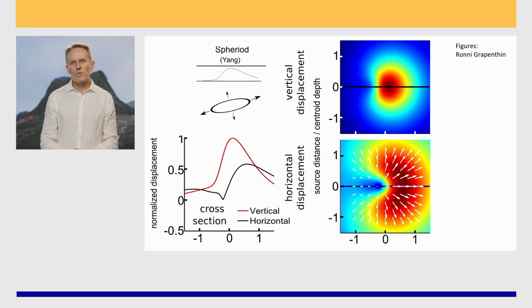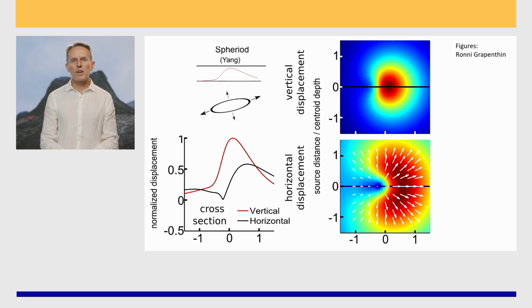Equations exist also to describe deformation due to a magma body of a more general spheroid shape. That is, an ellipsoid that can be described with one semi-major axis and one semi-minor axis, and parameters describing the orientation of the spheroid.